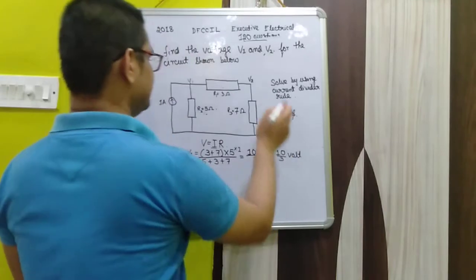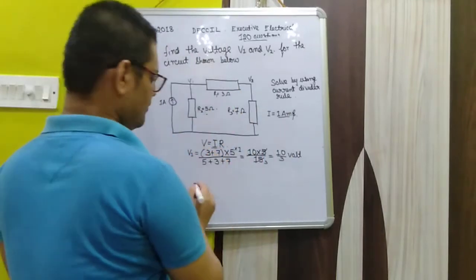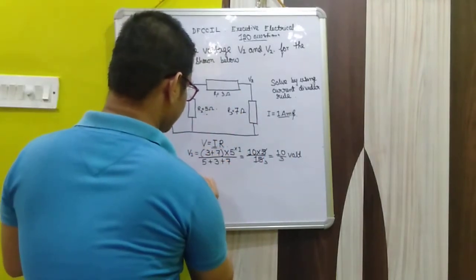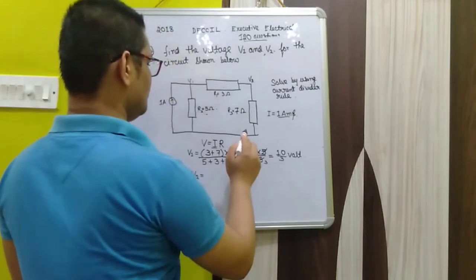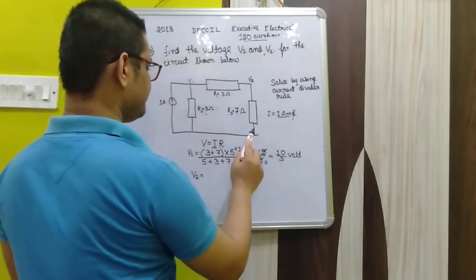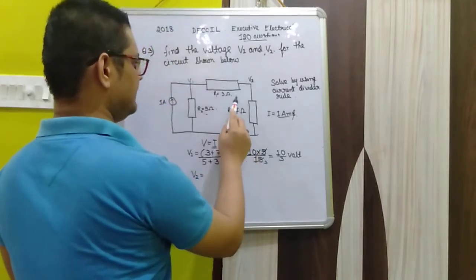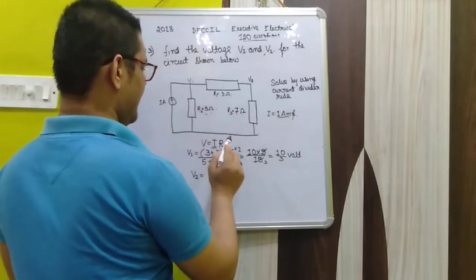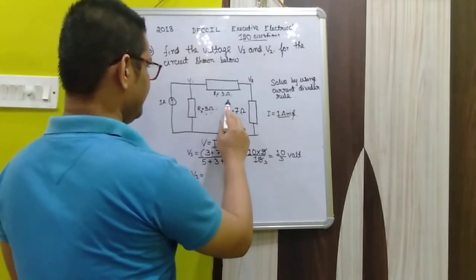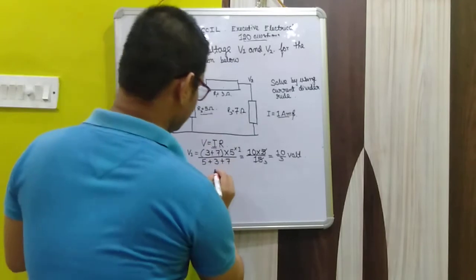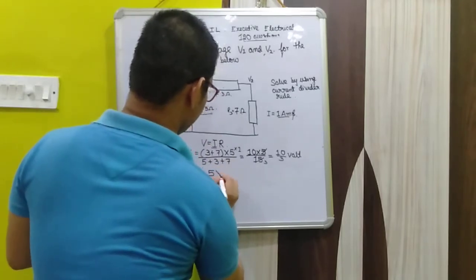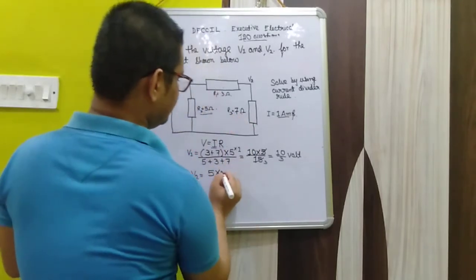Now we calculate the second value, V2. In this case also we take the current divider rule. How do we calculate here? We have already taken 3 plus 7 into 5 for V1. Here we take only 5 into this 7, that is the third resistance.